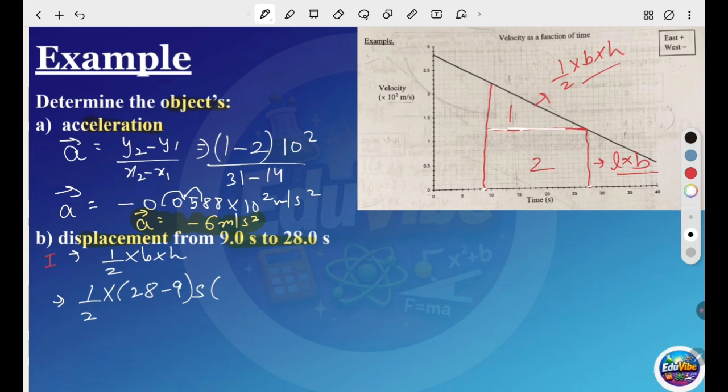So the height for triangle is from here to somewhere here. To calculate the height, we have to know about this. This is the height from that point to that point. So what is that point? So here it's 1 into 10 raised to power 2, which is 100.